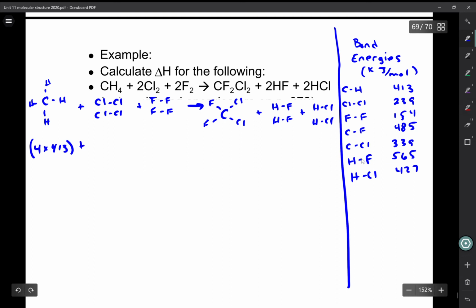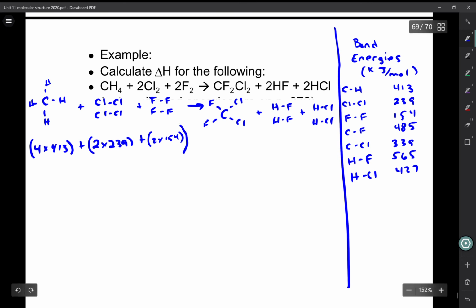ClCl is 239, and we have 2 of them. Plus 2 Fs, which is 154. So that's all your reactants.